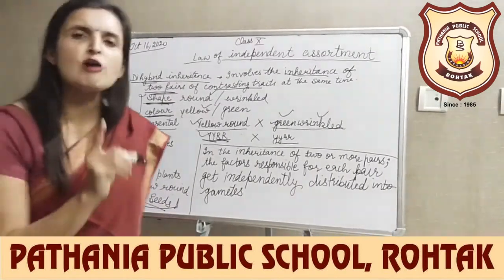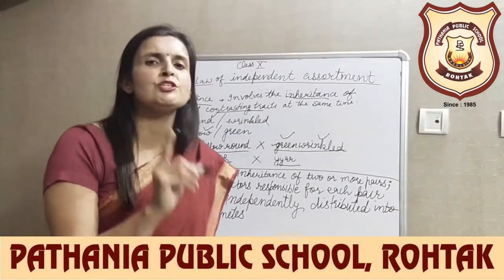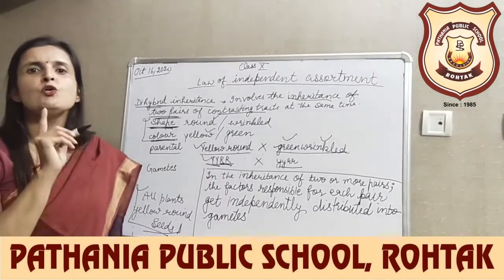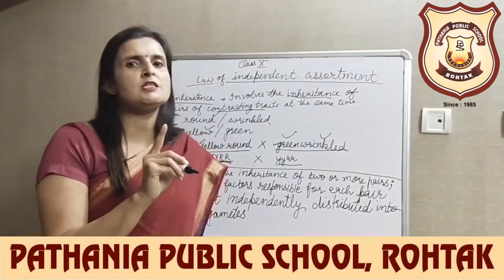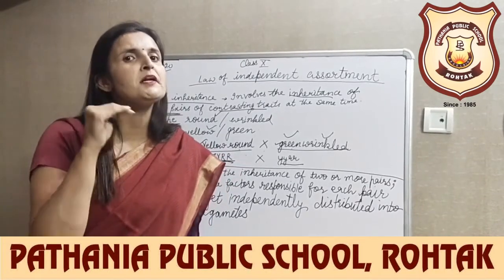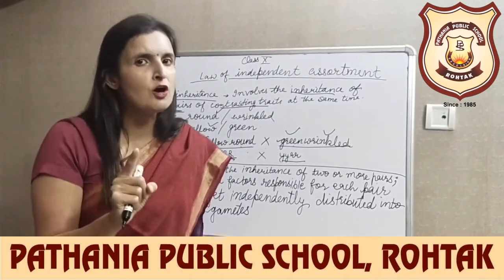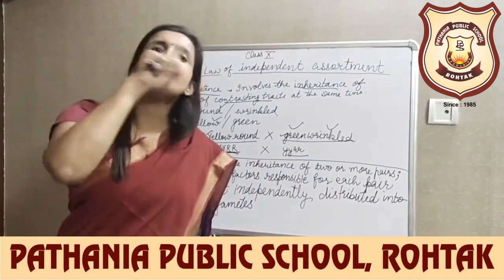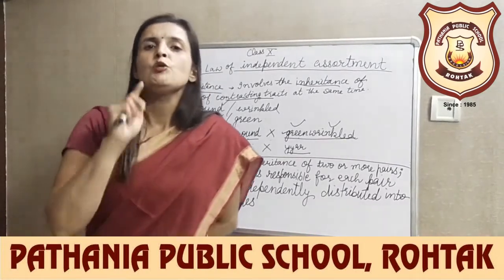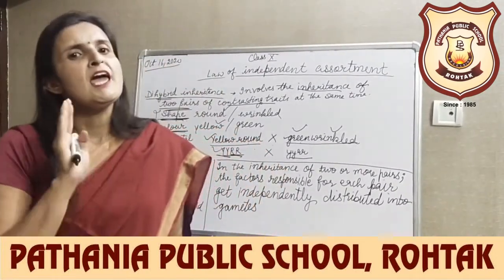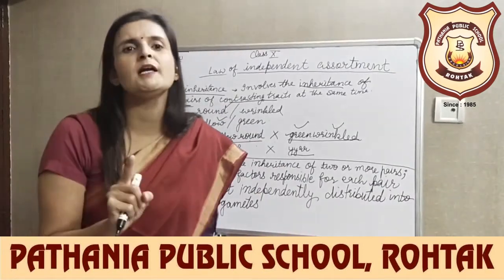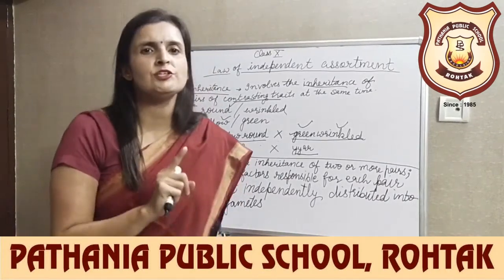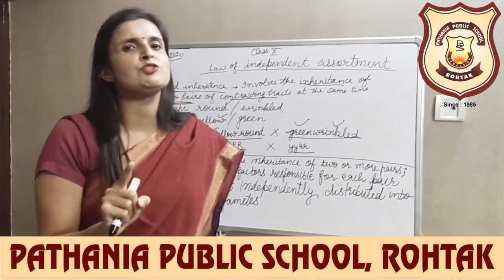Then he crossbred the F1 progeny with each other. That is, the heterozygous plants with yellow round seeds obtained as hybrids in the F1 generation were crossed, and he found exactly similar results as in monohybrid inheritance: most of the plants had the dominant character, but the character which got suppressed in the F1 generation reappeared in the F2 generation.